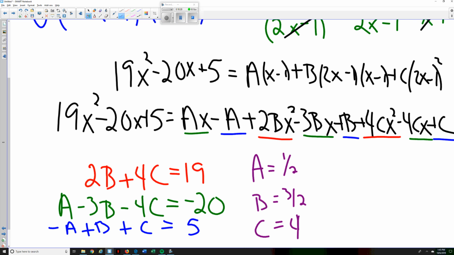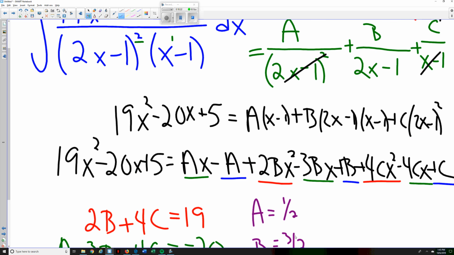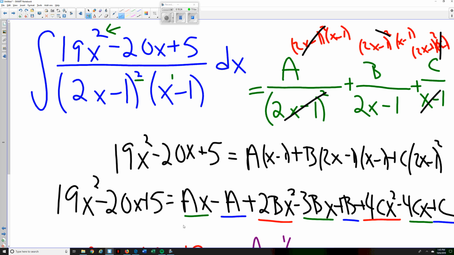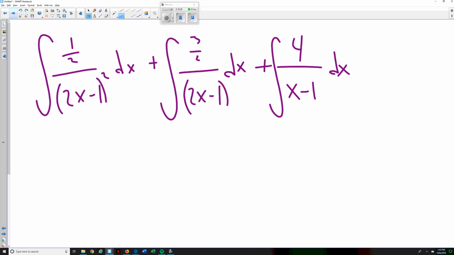All right. And then let's go back to look at our original equation. It was here. If we rewrite that now as 3 integrals, we get this right here. And of course, your solutions are, I'm not going to take the time to work that out, but please pause the video if you want to know how to do this and watch it.